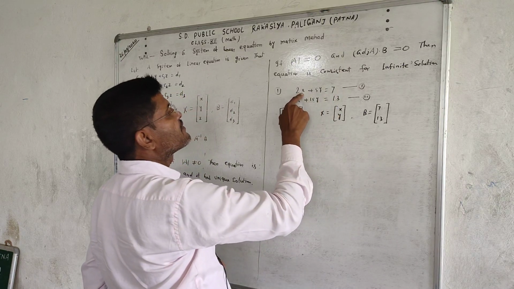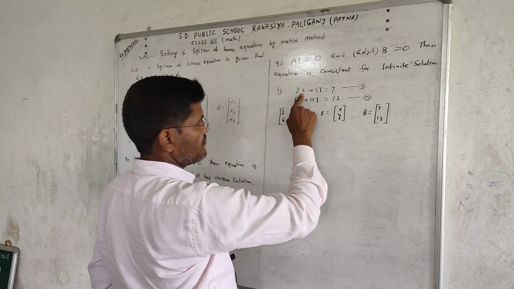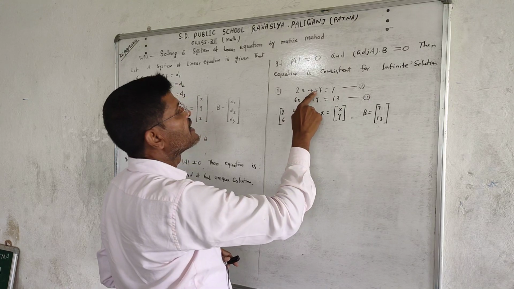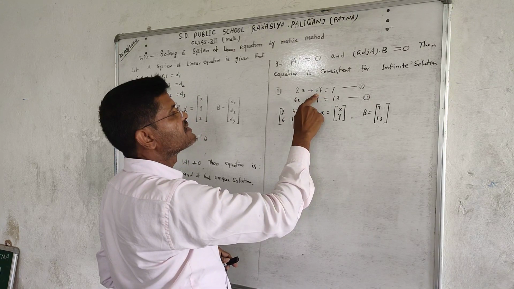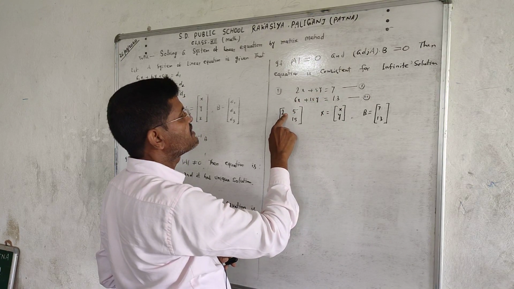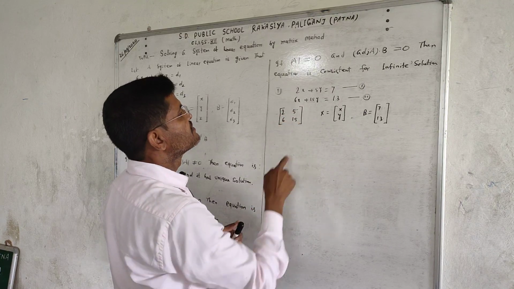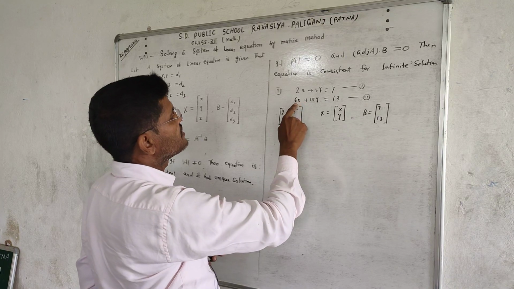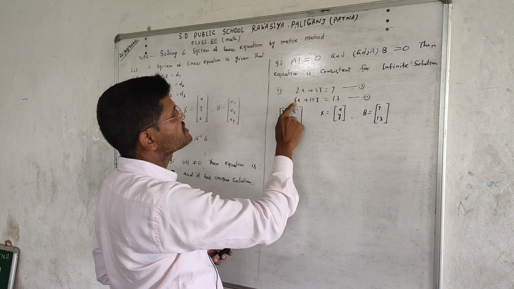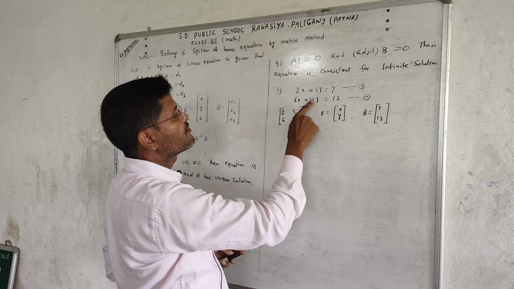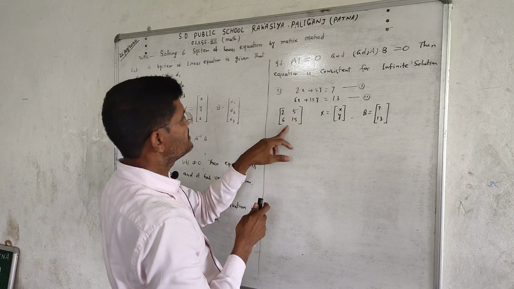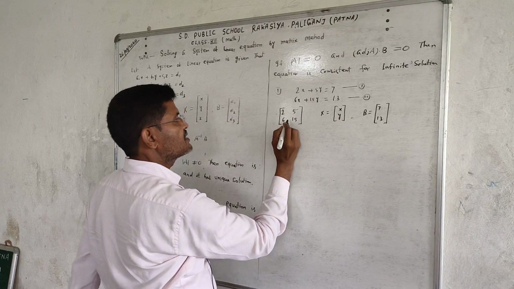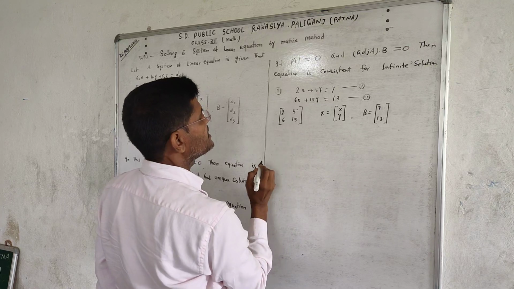The coefficient of x in equation first is 2 and the coefficient of y is 5. Therefore, the first row of this matrix is 2 and 5. In the second equation, the coefficient of x is 6 and the coefficient of y is 15, so its second row is 6 and 15.